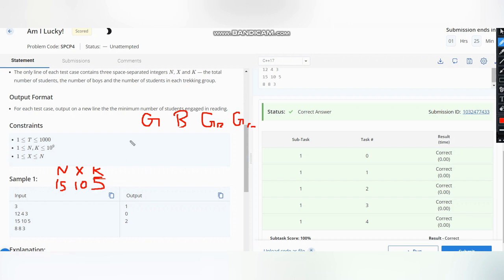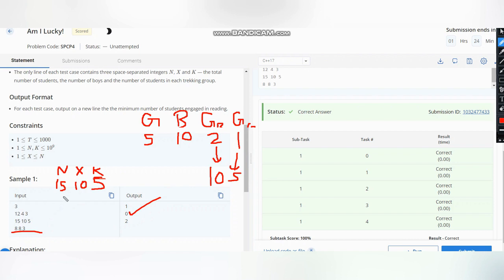So if 15 are there and 10 are boys, then 5 are girls. Groups of boys 2, girls 1. Here all 10 boys form groups, all 5 girls form a group, hence no one is left. So the output is 0.